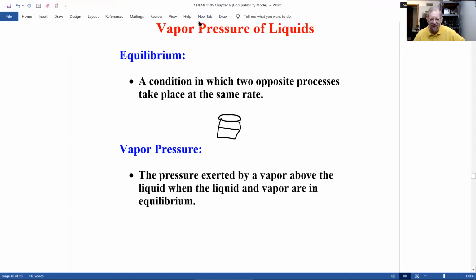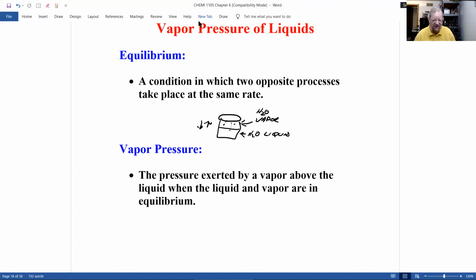If you have a beaker of water, some of the liquid is becoming a gas. And you're making water vapor, but when it's up here, the temperature above the beaker is going to cool some.